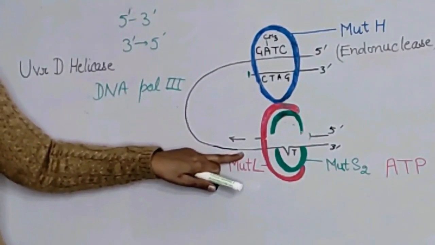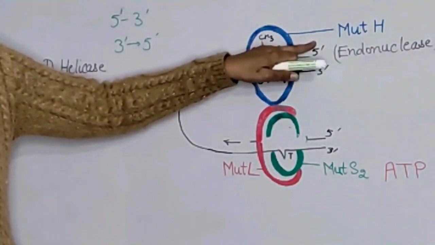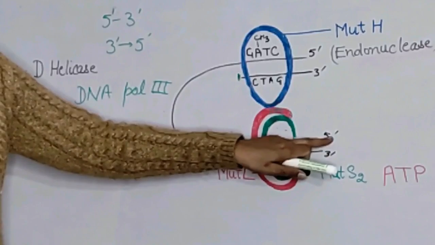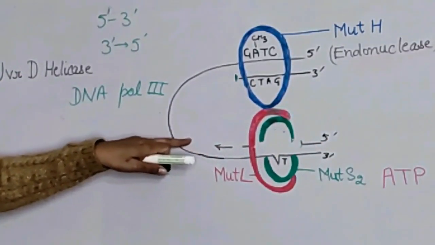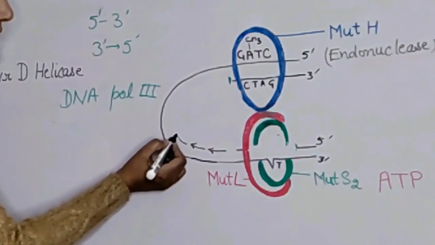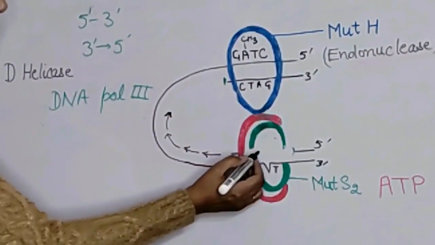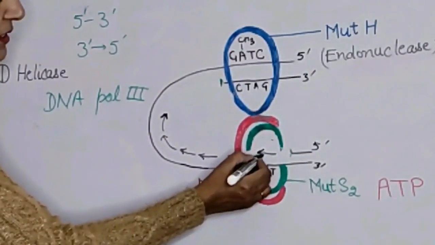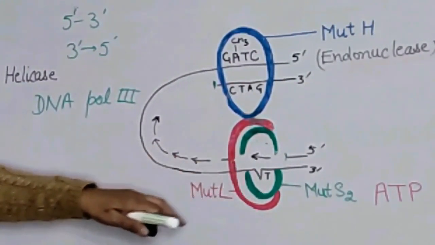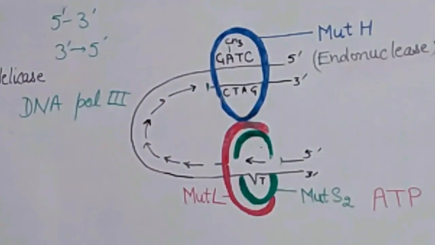So it will keep on attaching the nucleotides here, so that a new complementary strand is made with the correct base attached here. Now this distortion will get removed and we will have a correct complementary strand.